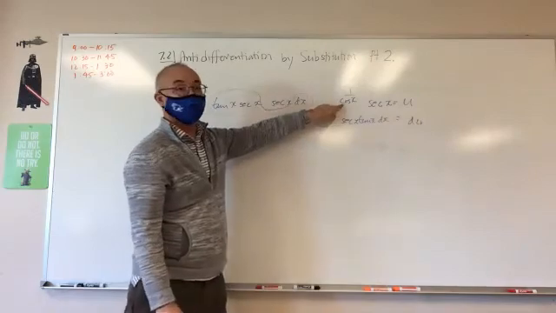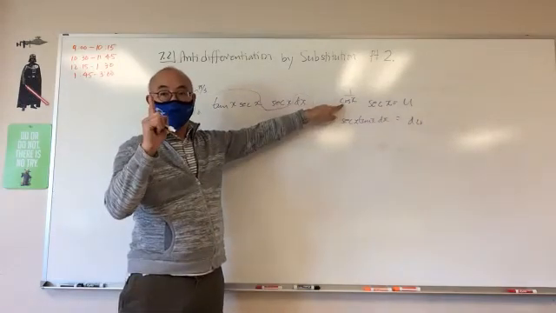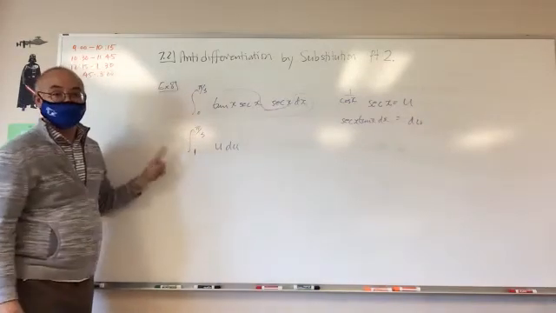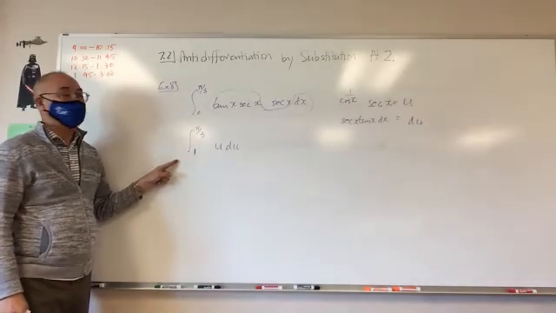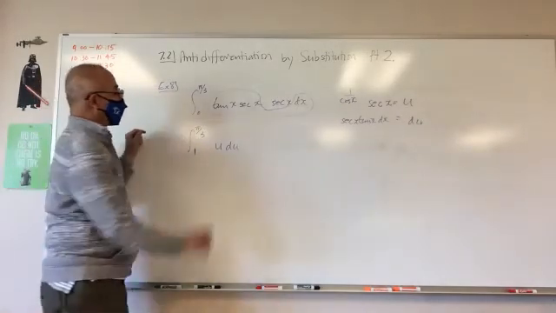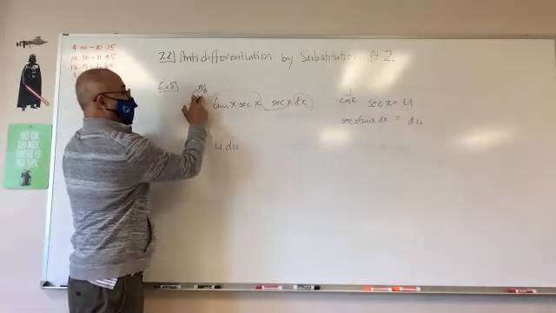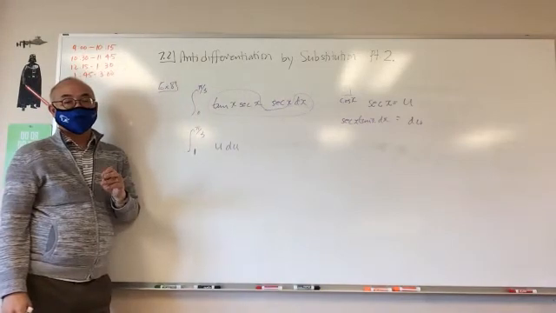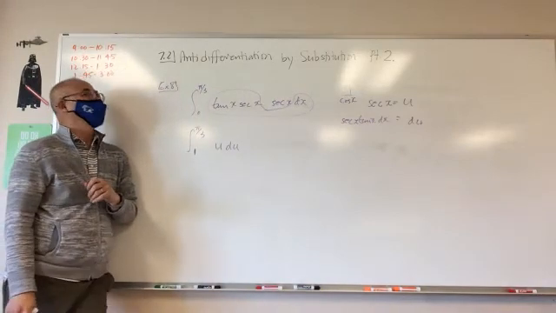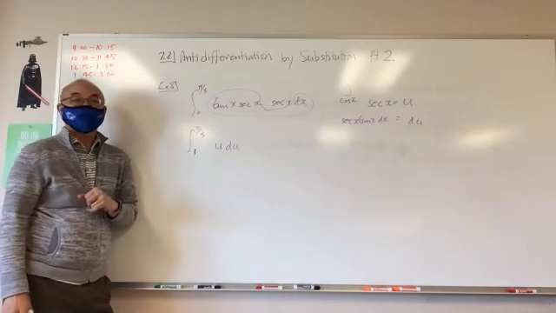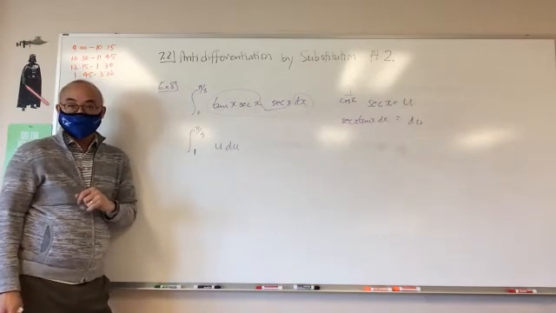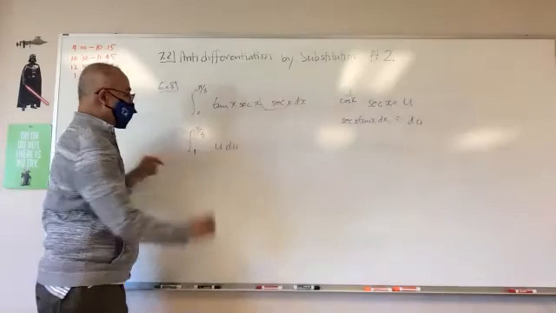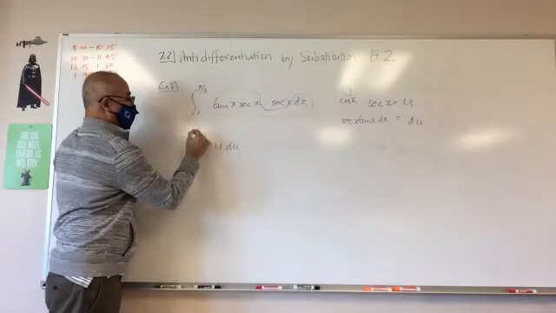When x equals 0, cosine is equal to 1, which means that this value is going to be 1, because it's the corresponding u value for when x is equal to 0. The corresponding value when x is equal to pi over 3 would be what? Cosine pi over 3 is 1/2. So 1 over 1/2, 1 over 1/2 is 2.